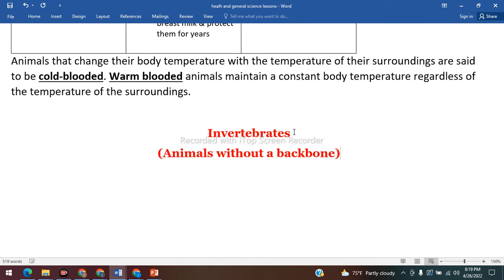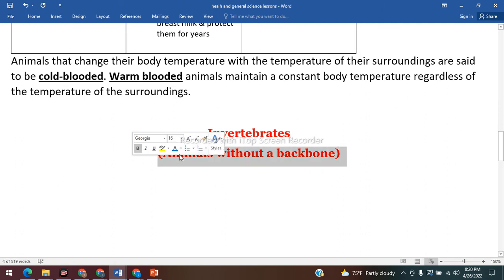So copy this down for me. Okay, so that's animals without a backbone.